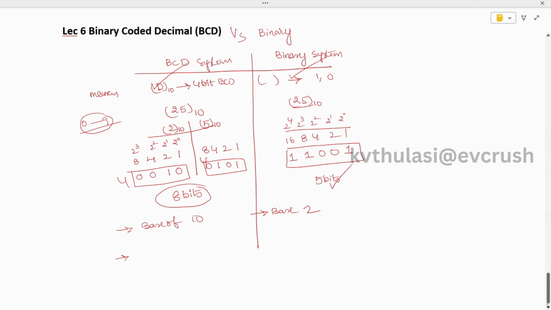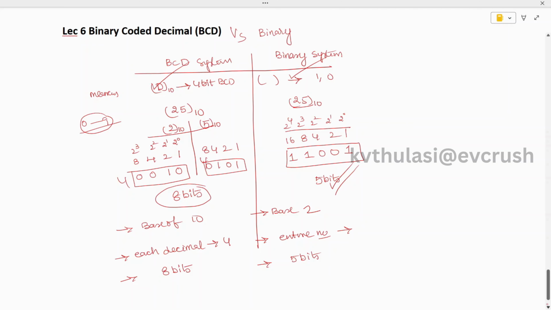In BCD each decimal digit of 25 must be written in 4 bits, but in binary the entire number is written directly in 5 bits. That's the main advantage. To write 25, BCD needs 8 bits, but binary needs only 5 bits, so the number of bits is also decreased.